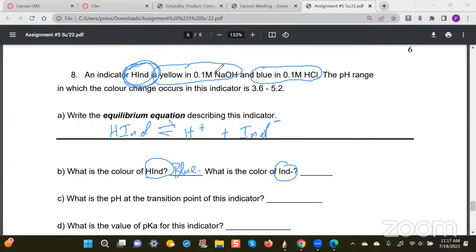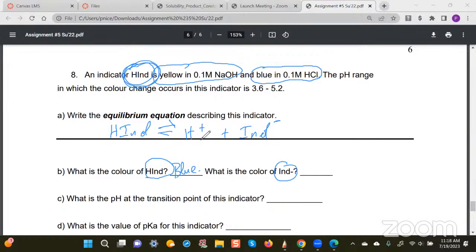Okay, so you're saying that in the case of the sodium hydroxide, the color is yellow, right? So basically, what happens to this equilibrium in the sodium hydroxide? Will the equilibrium shift to the left or will it shift to the right? The left. You sure about that?